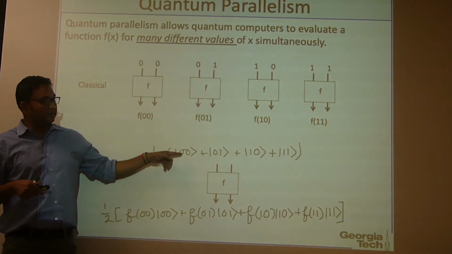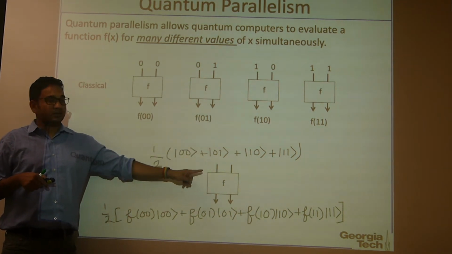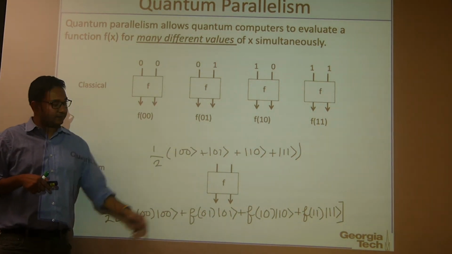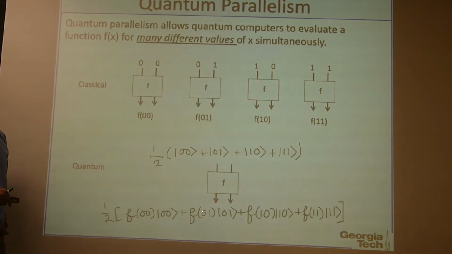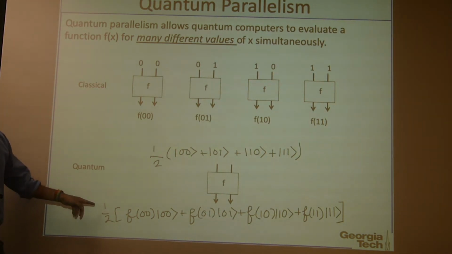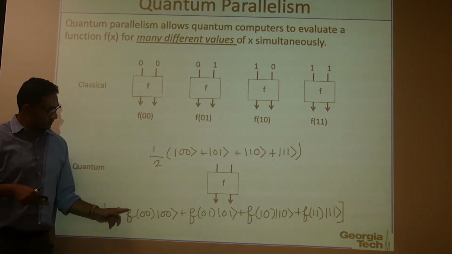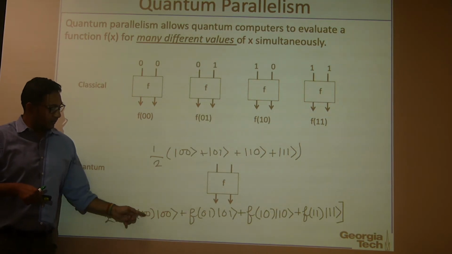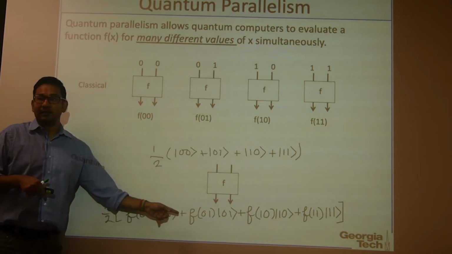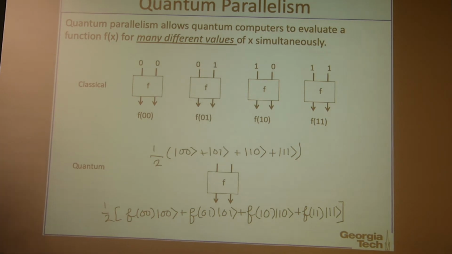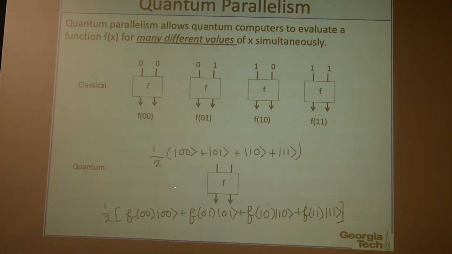And now if you input this wave function to this function f, at the output you will get a wave function for which each of these function values has been calculated simultaneously. So it seems like in one shot you have calculated all of these 4 functions altogether, rather than having to go through it 4 times, right?